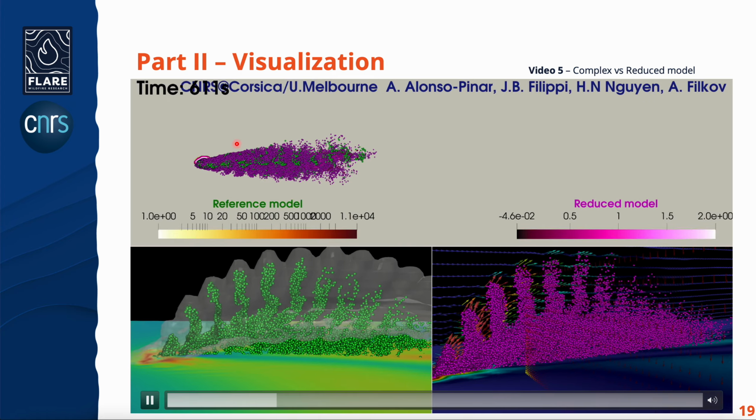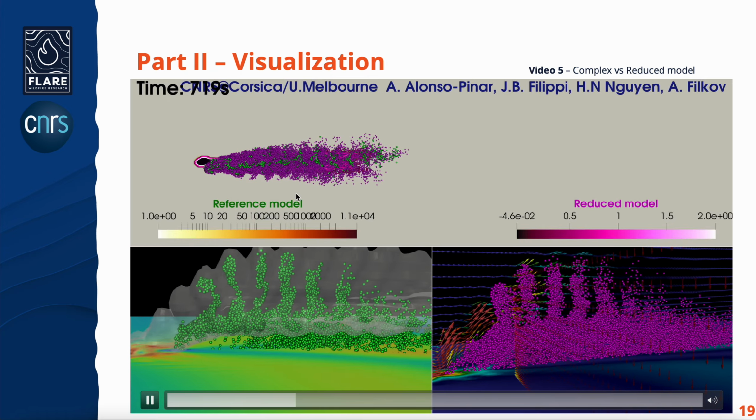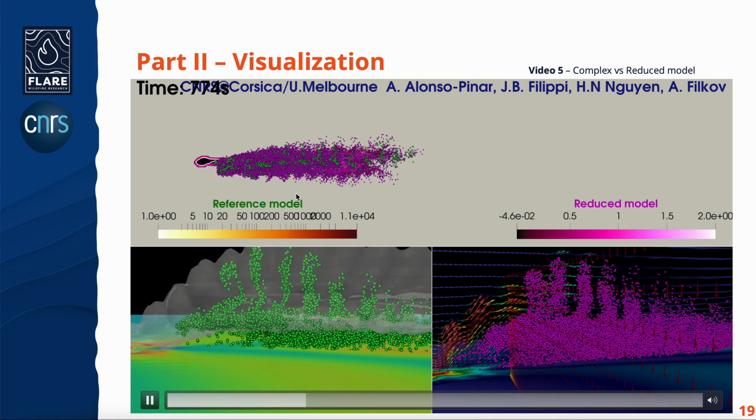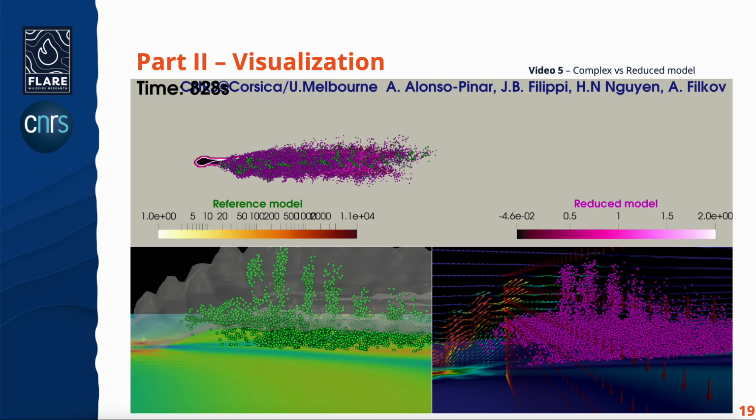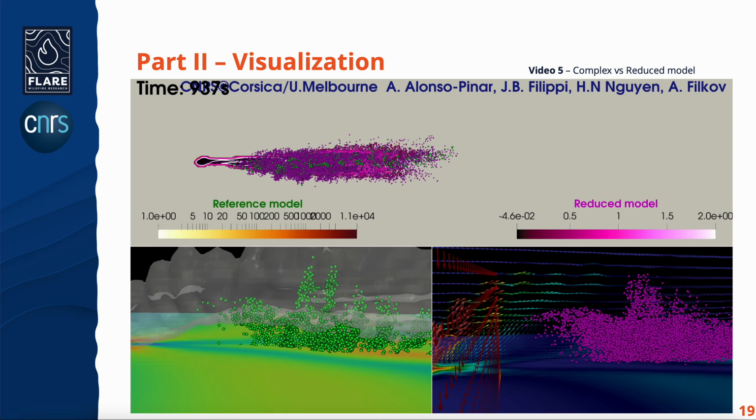And we observe that the general shape at the ground is similar for the reduced model than for the reference model. So we show that it is able to provide useful information with an increased time step as well.